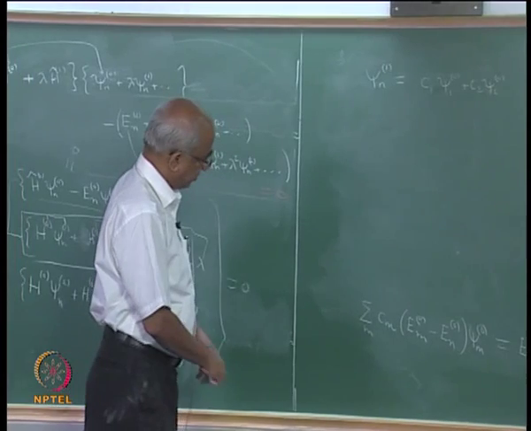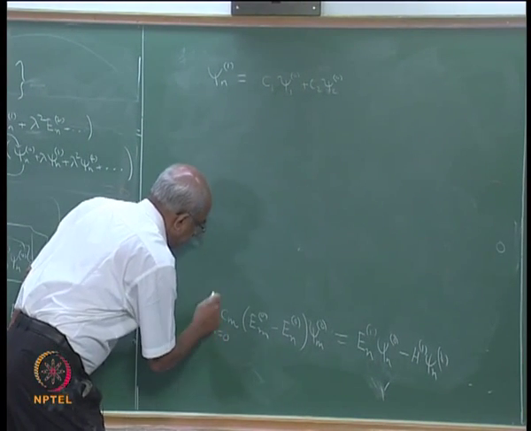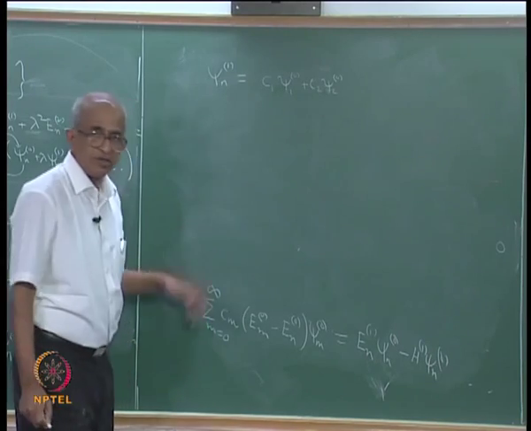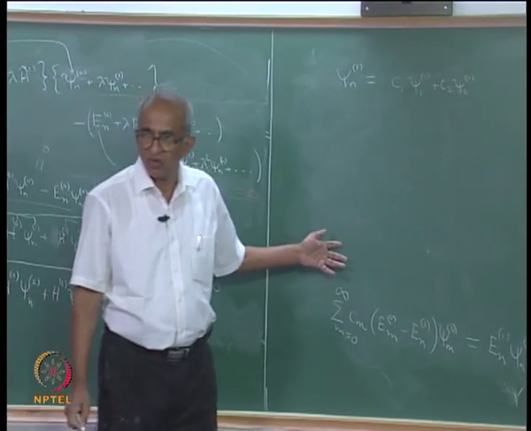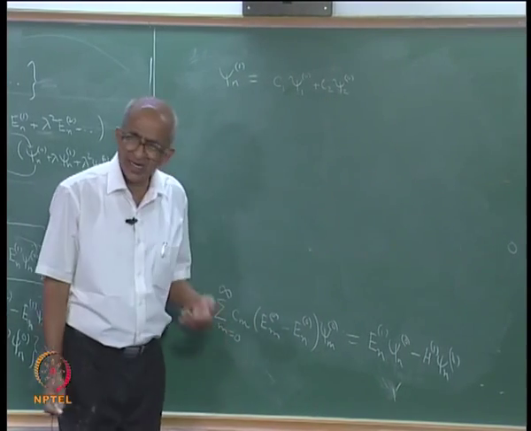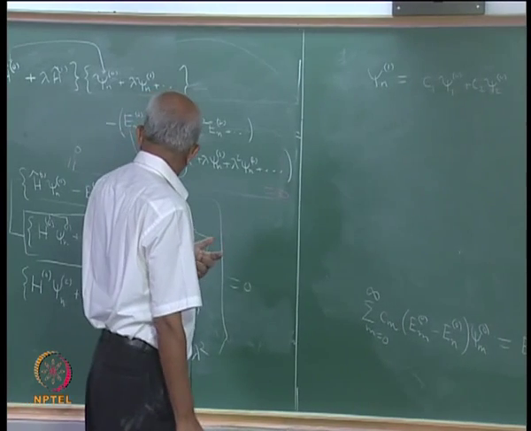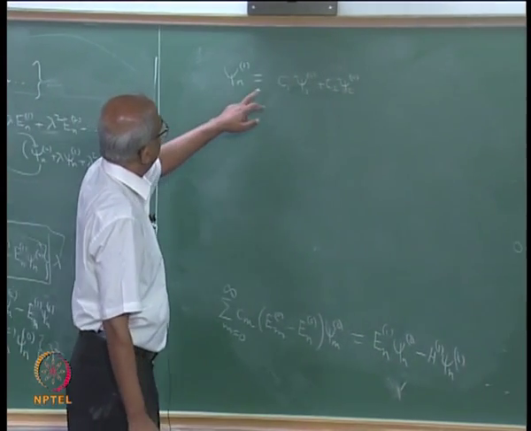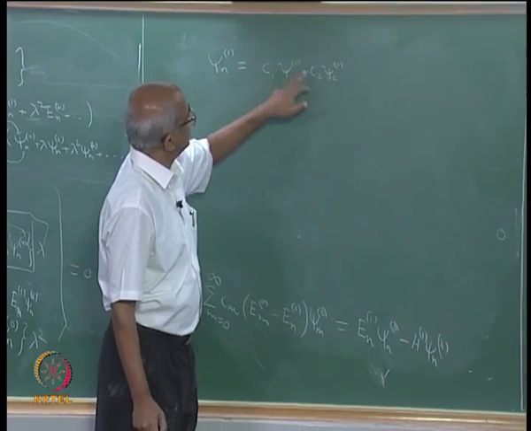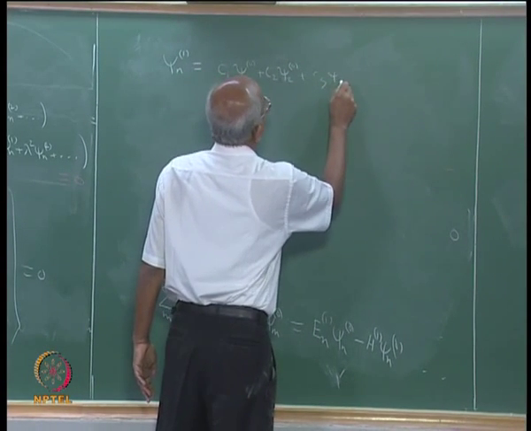Right. Now, you see, you would be really worried, because on the left hand side I have a sum running from 0 to infinity. Right hand side of course is very simple, but you look at the left hand side, what are the unknowns in this problem? See, we have assumed that psi n 1 may be written as C 1 psi 1 0 plus C 2 psi 2 0 plus C 3 psi 3 0 plus etcetera.